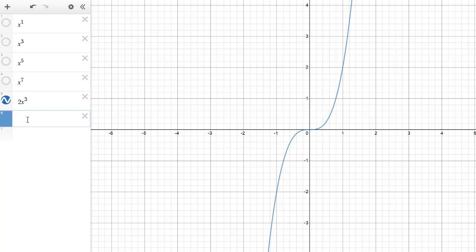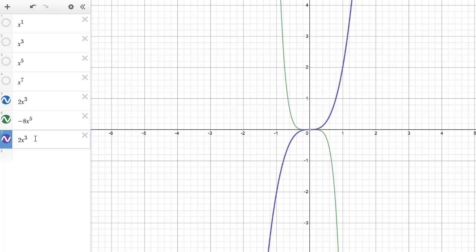Doesn't matter that there's a number in front of it. Negative 8x to the 5th. Yep, still has rotational symmetry, spinning around 180 degrees each time. Alrighty. Now what if I added odd terms together? Well, 2x cubed minus x. What do you know?